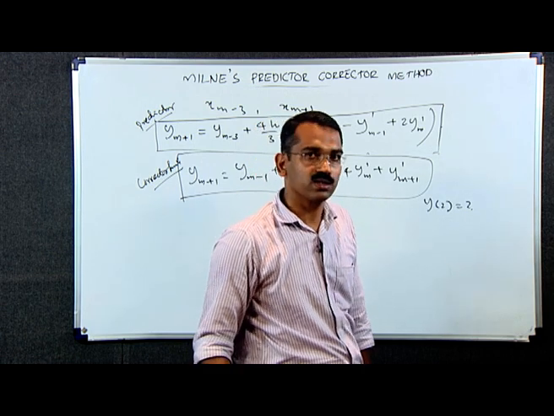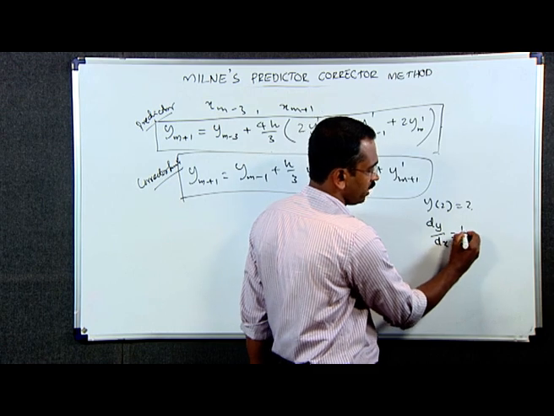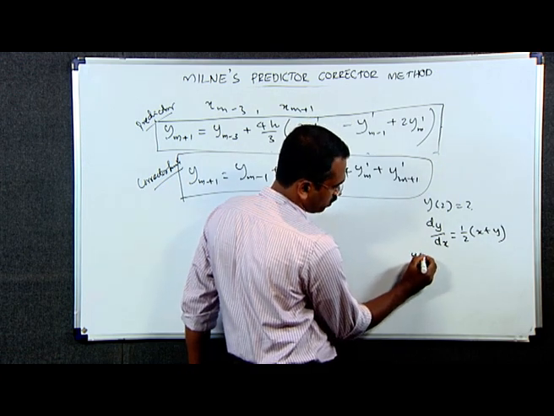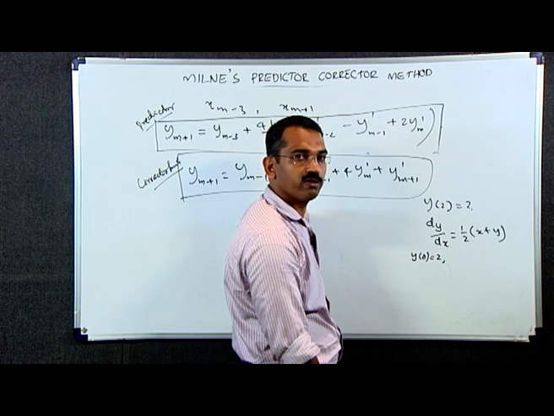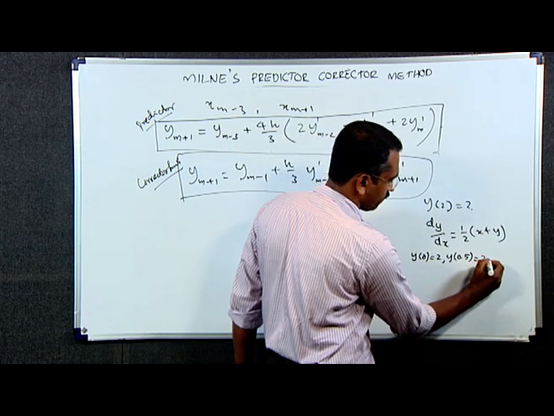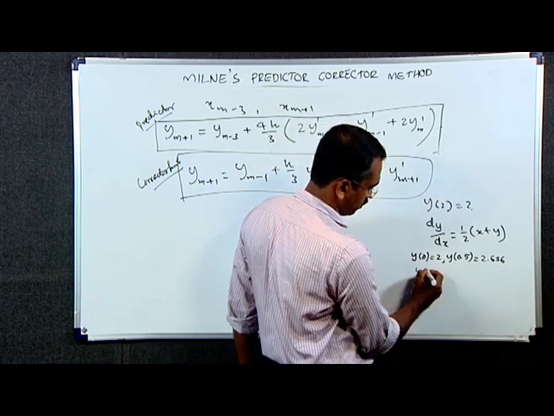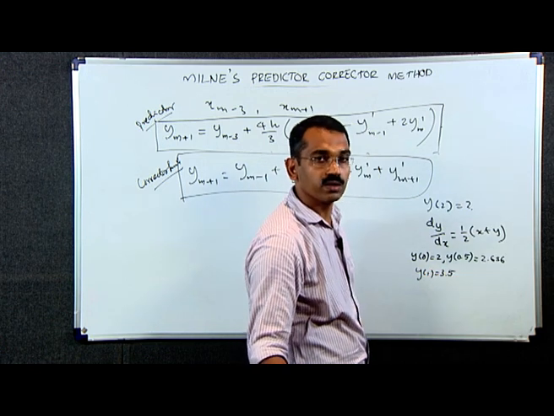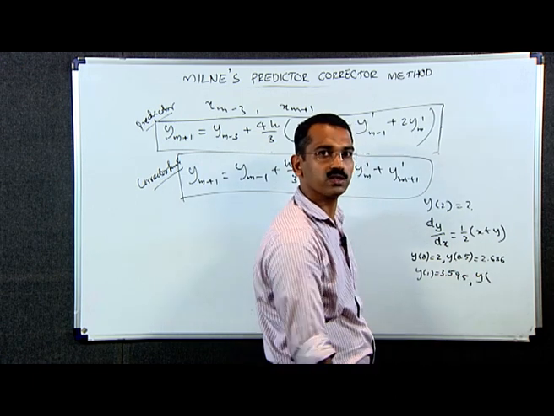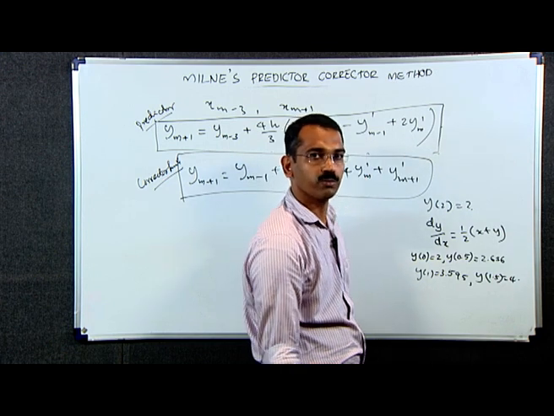If y of x is the solution of the differential equation dy by dx is equal to 1 by 2 into x plus y, given that y of 0 is equal to 2, y of 0.5 is equal to 2.636, y of 1 is equal to 3.595 and y of 1.5 is equal to 4.968.